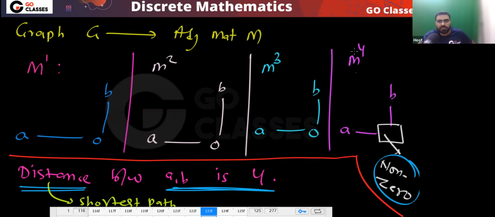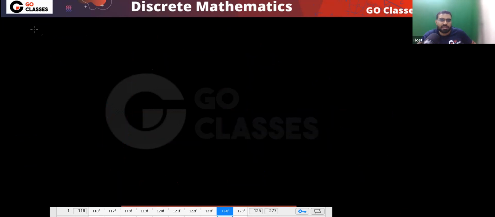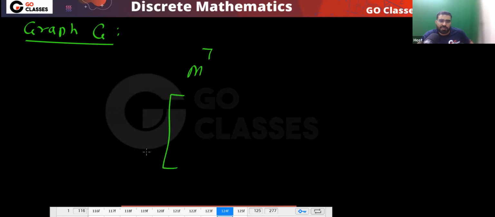But remember, this value must be the minimum. For example, maybe this can happen. You have a graph G, and let's assume that M power 5, M power 6, or maybe M power 7 is also non-zero.